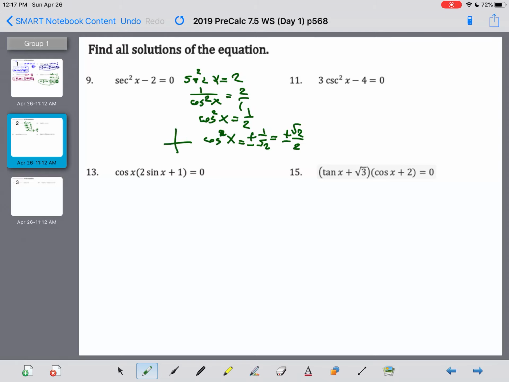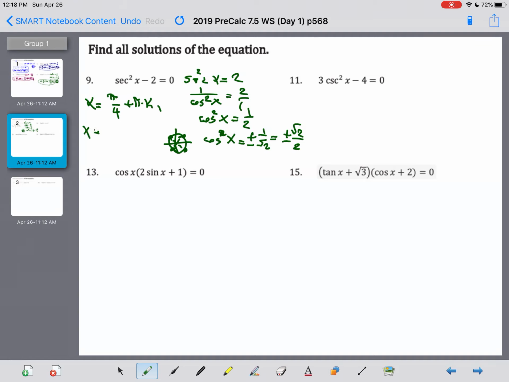Okay, and on my unit circle, plus or minus root 2 over 2, that's going to be here, here, here, and here. So we have these 4 spots, but we have pairs of them which are diagonal one another. So I'm going to say x will equal pi over 4 plus pi times k to get these two, first and third quadrant.